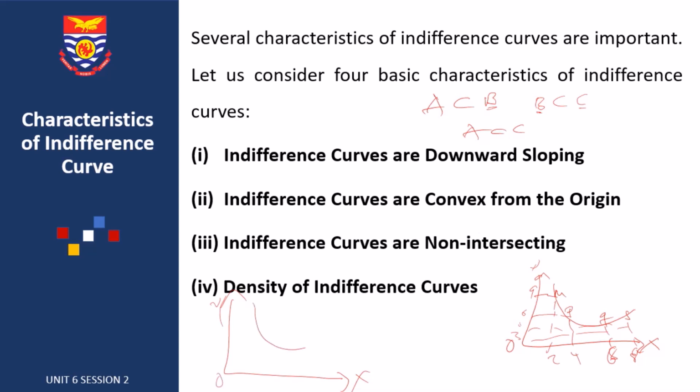I'll sketch two curves, I and II. Here is R, here is P, and where they intersect I'll mark T. I'll make this Q and this S.